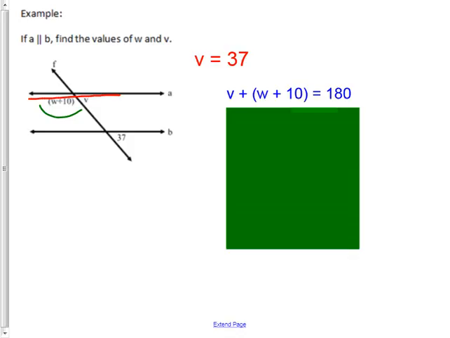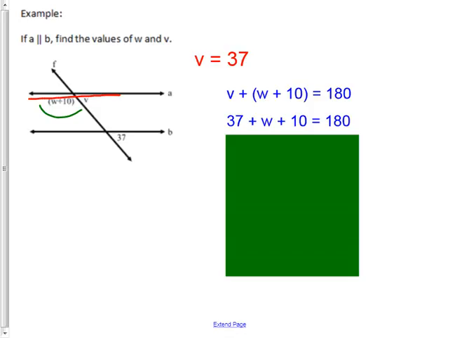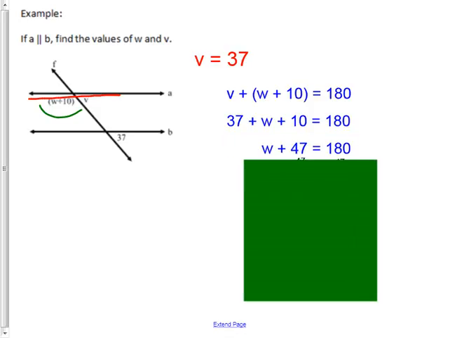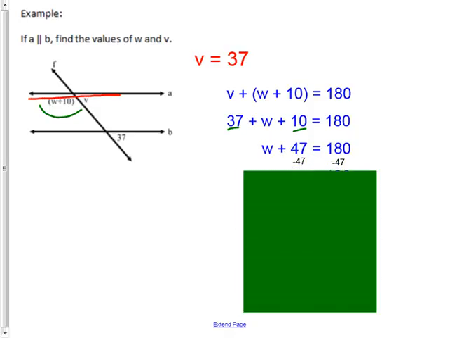Now, if V is 37, we can just plug 37 in wherever we see V. So now we have 37 plus W plus 10 equals 180. Simplifying our left side, the 10 and the 37 become 47. So we have W plus 47 equals 180. We can subtract 47 from both sides.